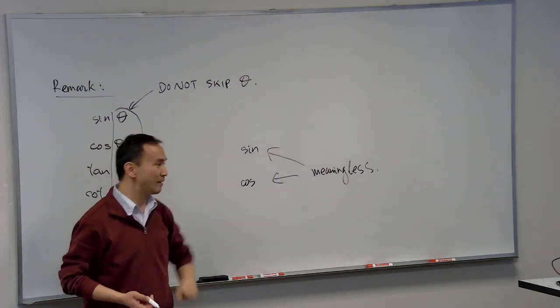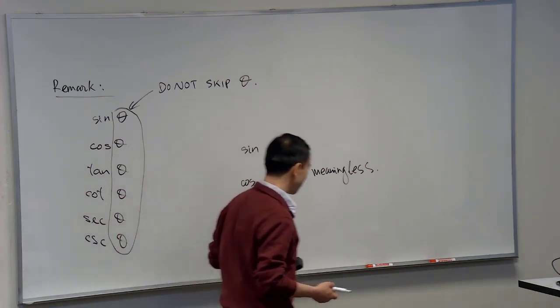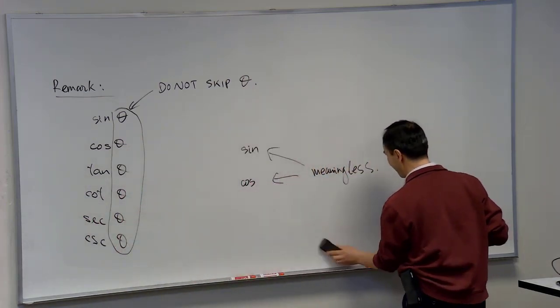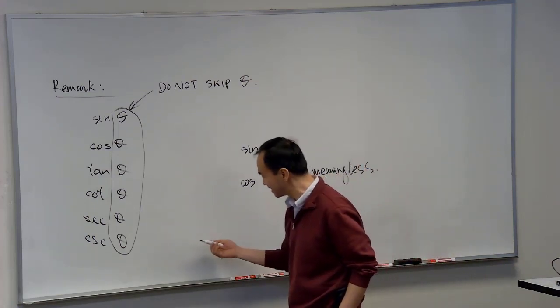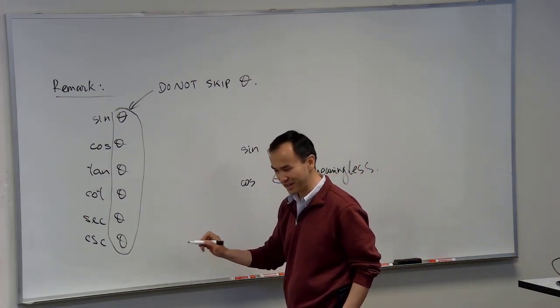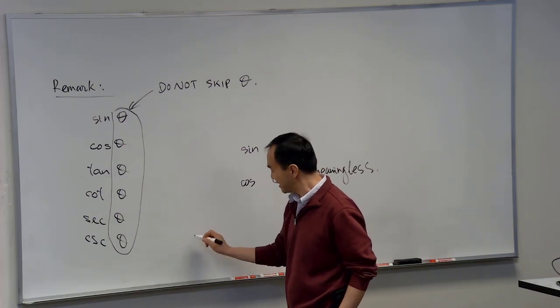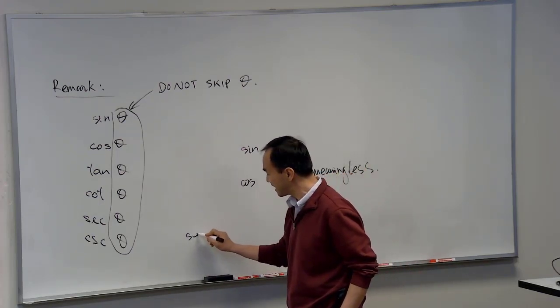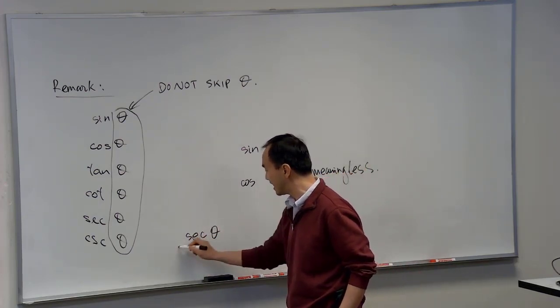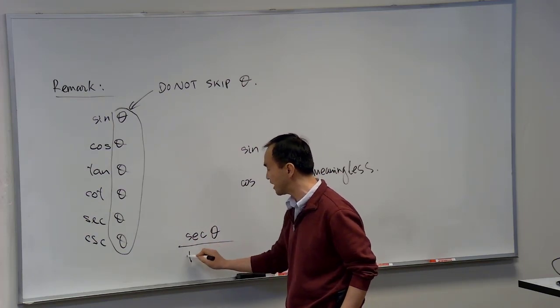The reason I really have to emphasize is because sooner or later, sometimes when we're in a rush situation, I've seen people in my past quarter making a mistake like this. And you guys especially at this point have done some simplification. So let me take that simplification problem we've done from the last lecture, like the secant theta over tangent theta.